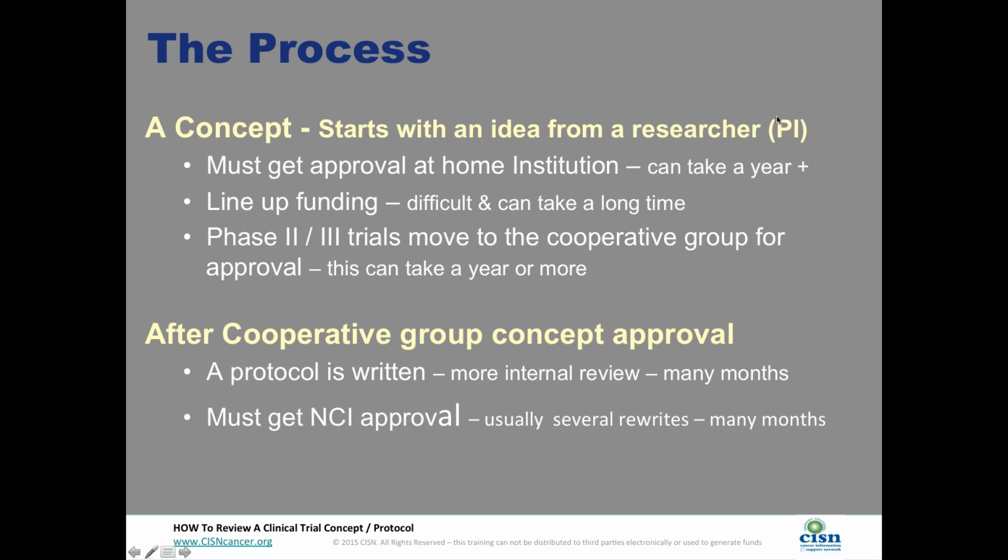Because remember, each one of these researchers, their advancement is based on publishing clinical trial data. And so they usually do small phase 1s, phase 2s. After they get the cooperative or network group approval for that concept, then it moves to a written protocol.